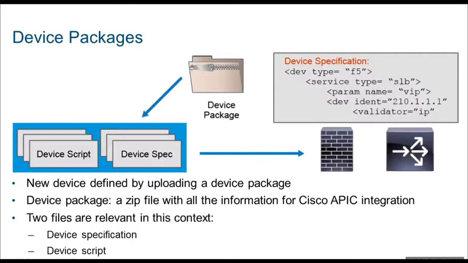We start with what is a device package. I would say a compressed file, like a zip file, containing a minimum of 2 files. What are the 2 minimum files it needs? An XML file. So you can see one here. It's in XML format.